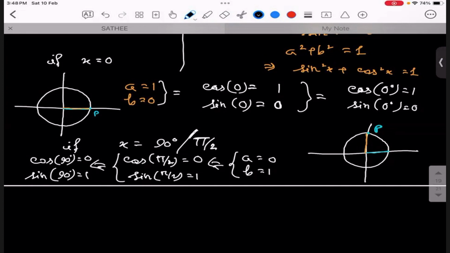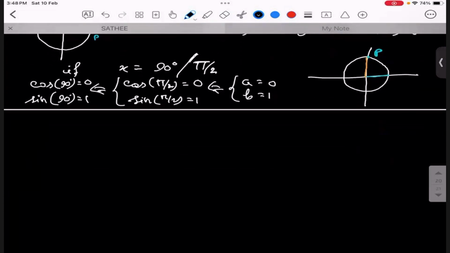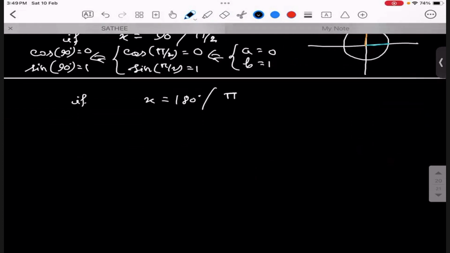Similarly, if I consider x equals 180 degree, or only pi, what will I get if I draw the figure? This is the unit circle, this is the starting point, and this should be the ending.